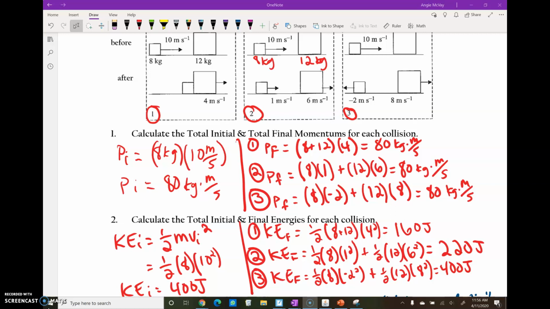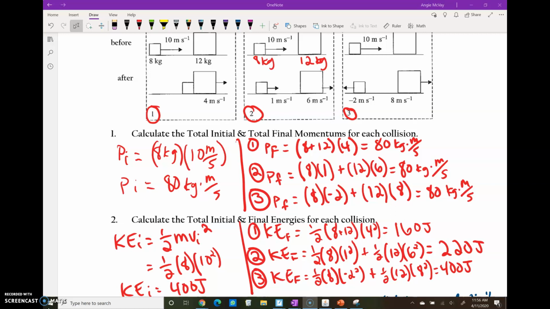In scenario number 1, where the two masses collided and stuck together, to find their final momentum we add their total mass. The total mass of the two blocks stuck together is 8 plus 12, 20, times 4 is 80 kilograms times meters per second. So in scenario 1, momentum was conserved.